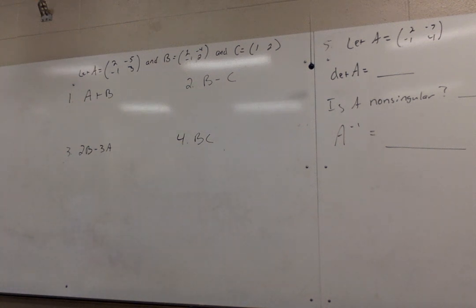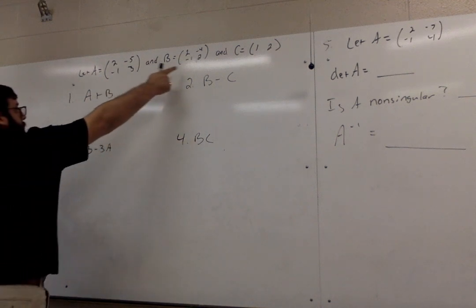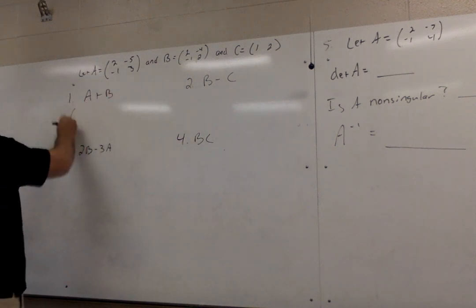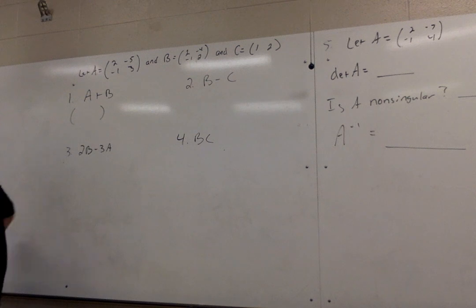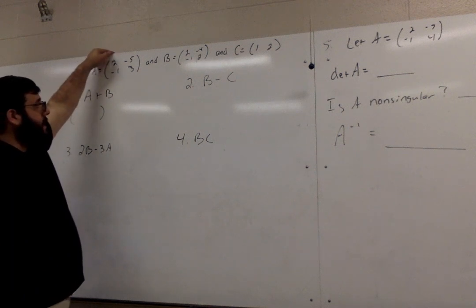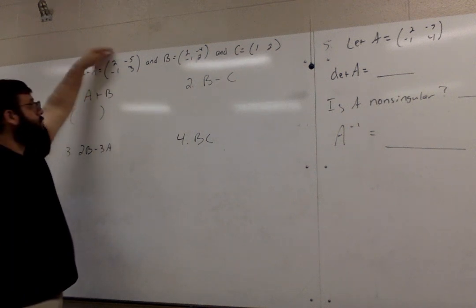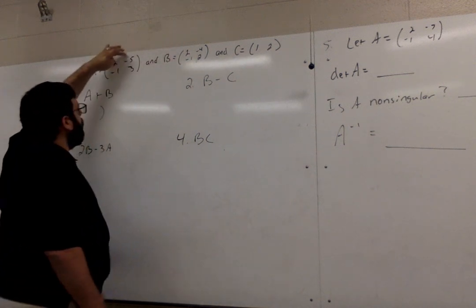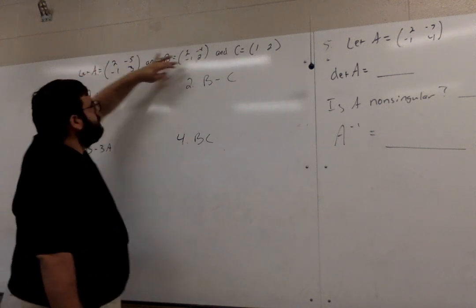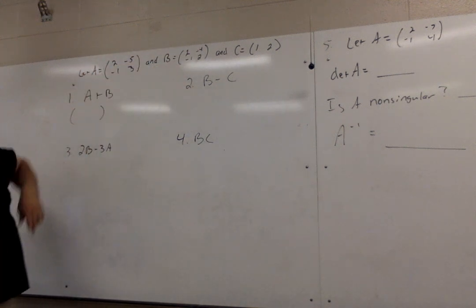Since these two are 2x2 matrices, then A plus B is also going to be a 2x2 matrix. And again, you're either adding or subtracting each pair in the same spot. So that's what we're going to do for this one.